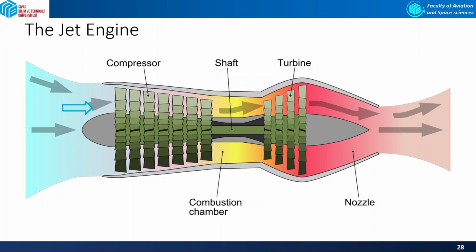So the second case we will consider is the propeller engine. So first let's start with this jet engine. You know, the basic operating principle of the jet engine is actually shown in here.